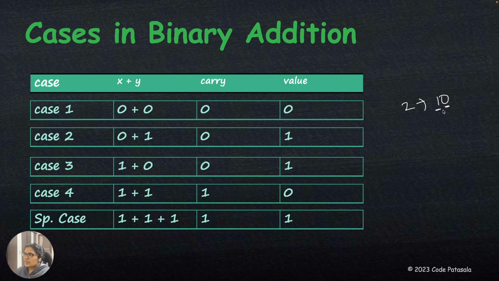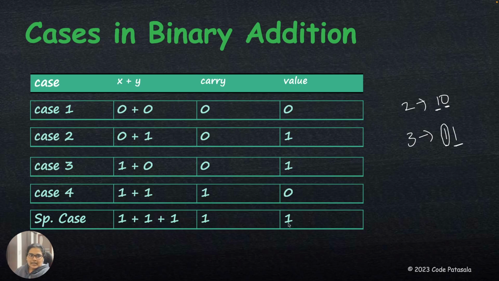In this case, 1 plus 1 plus 1 is 3, which in binary will be represented as 11, which means one is the current place value and one is carry. So when it is 1 plus 1 plus 1, carry would be 1, current value would be 1.